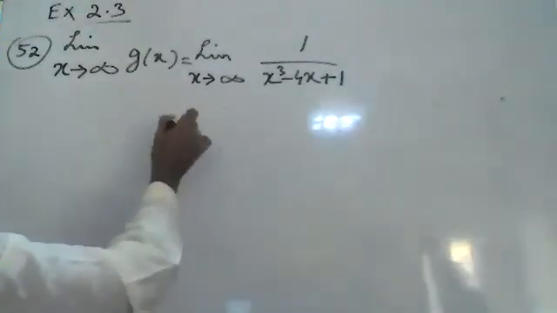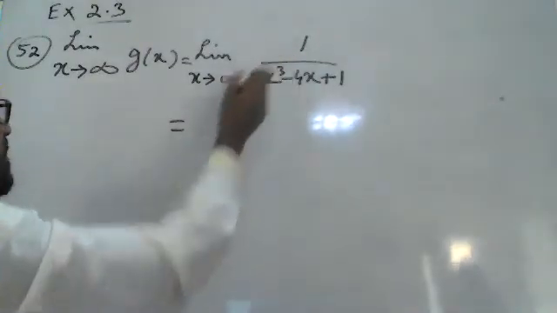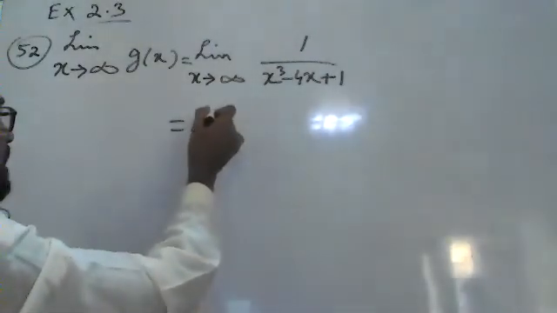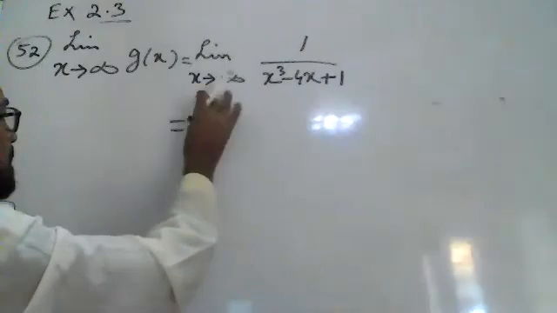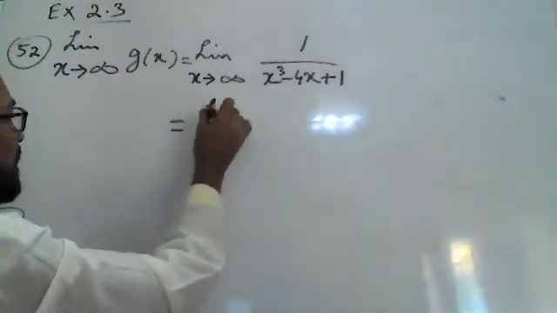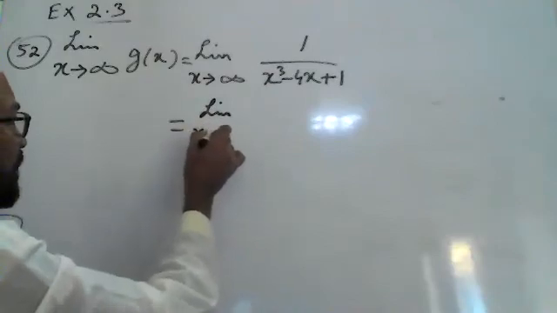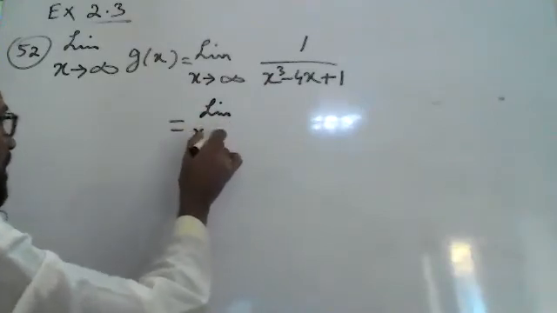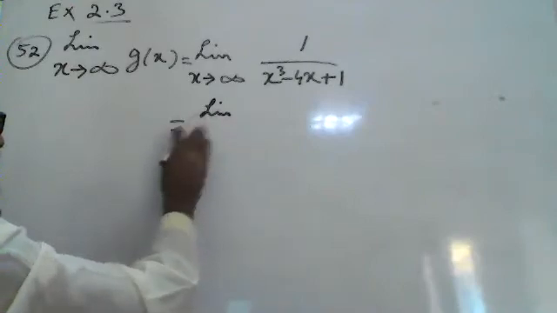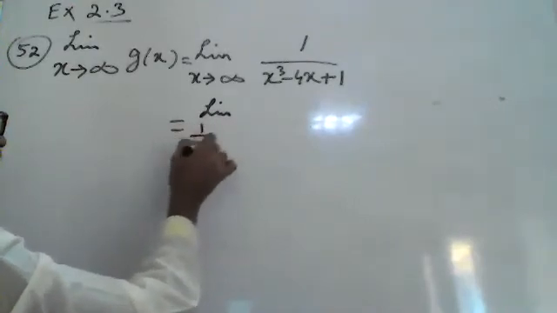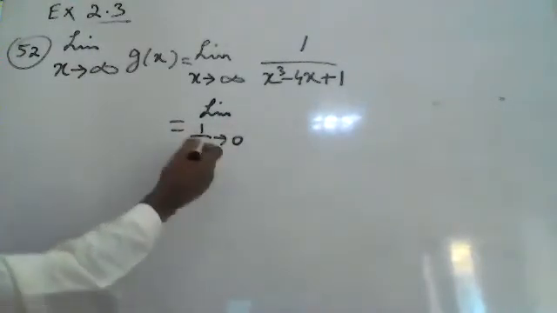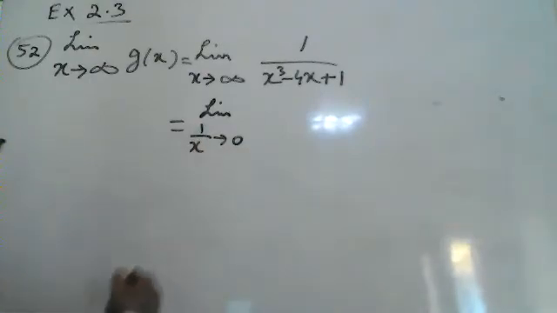So we'll take x cube common from here. Limit x tends to infinity, or you may write 1 over x tends to 0.